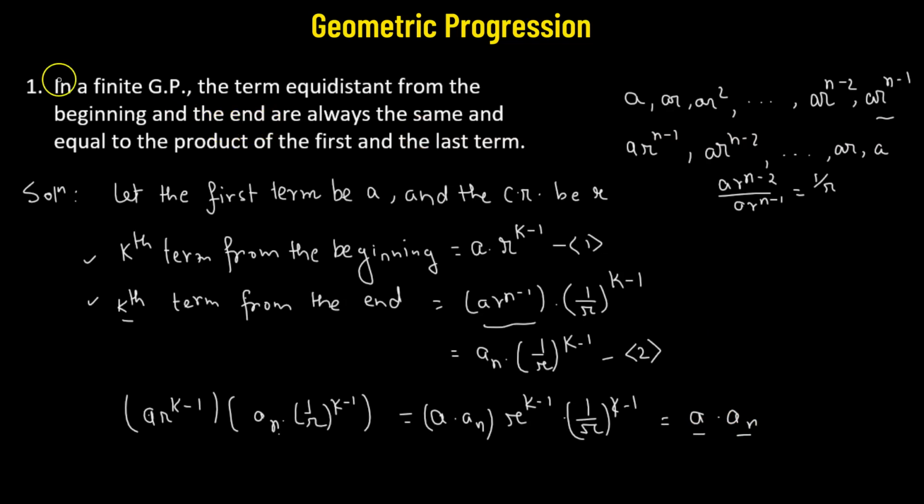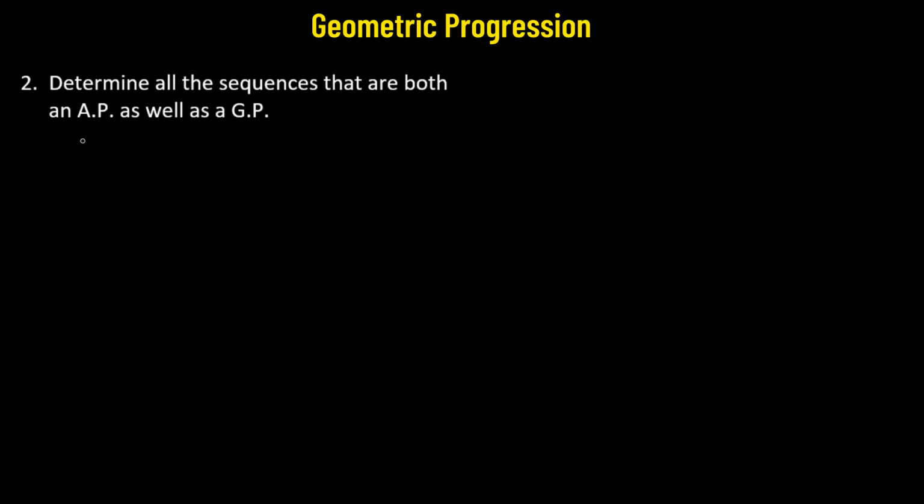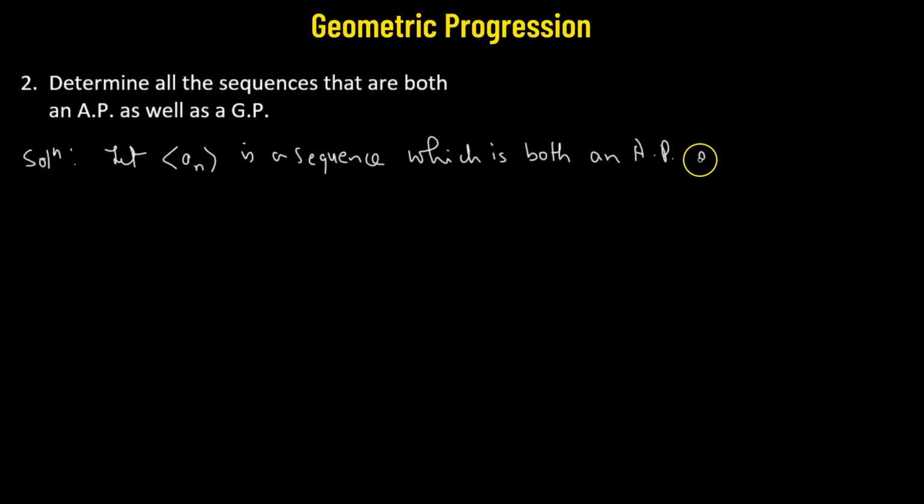Let's move on to the second problem. Problem number 2. We have to determine all the sequences that are both an arithmetic progression as well as a geometric progression. So let's begin. We will begin by considering a sequence, let's call it an. This is a sequence that is both an arithmetic sequence as well as a geometric sequence.